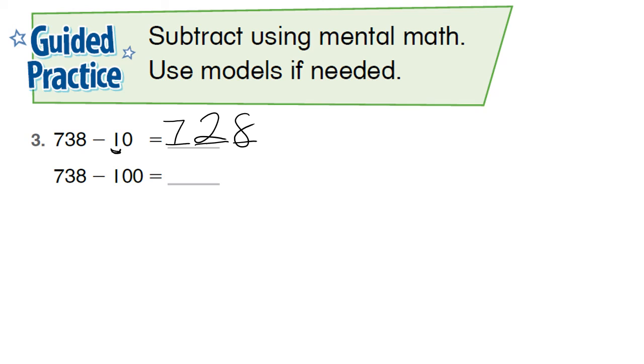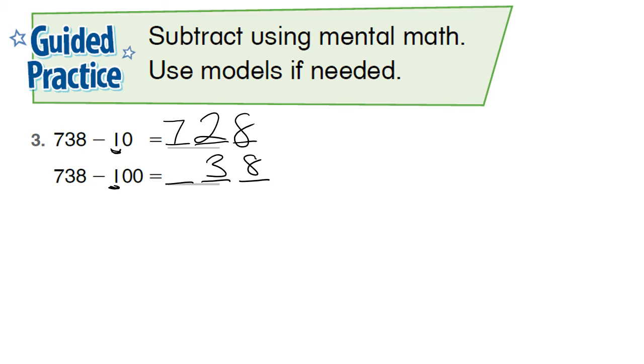Again, same thing here. We've got 3 place values. 738 minus 100. We have zeros in the tens place and the ones place, so they're going to stay the same. The only place value that we have a number other than 0 in is the hundreds place value, which is a 1.